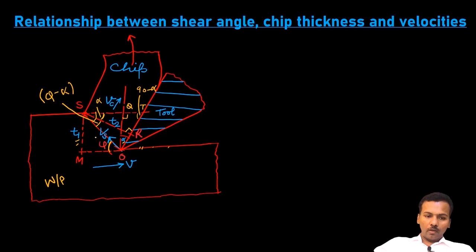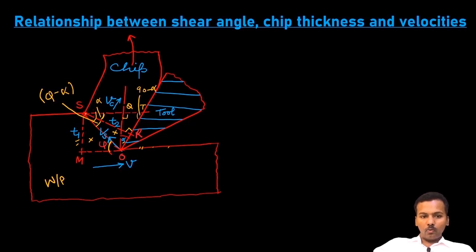So this angle we know, this angle we know. Now in these two triangles, calculate the OS line once from this triangle and again from that triangle, and equate them together. We get a relationship between the different terms. You know this is T1.